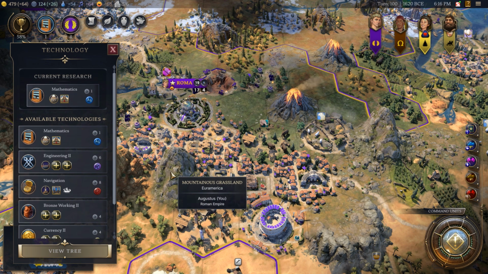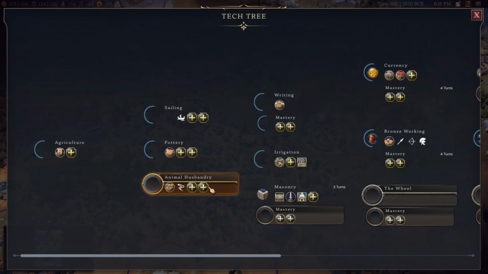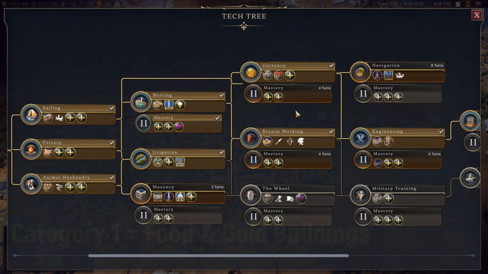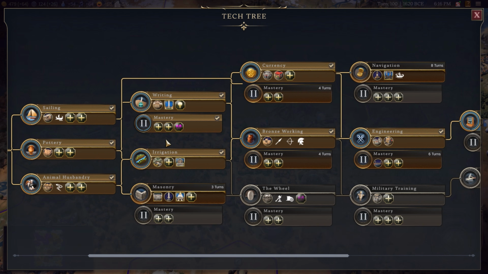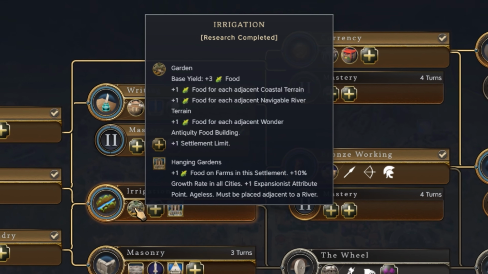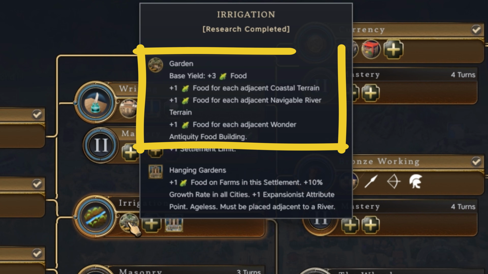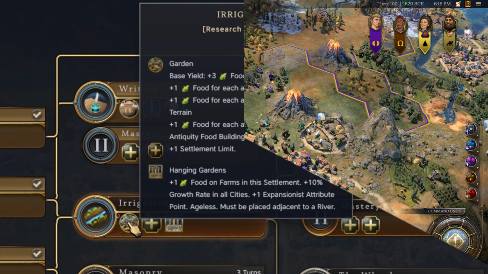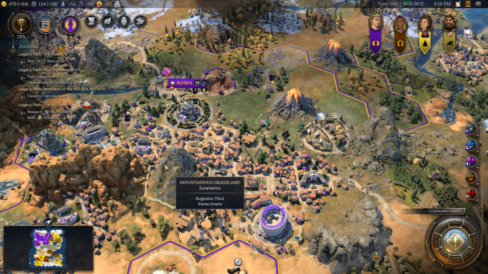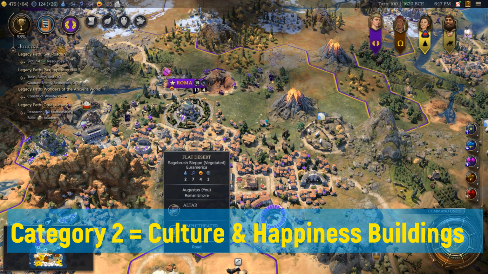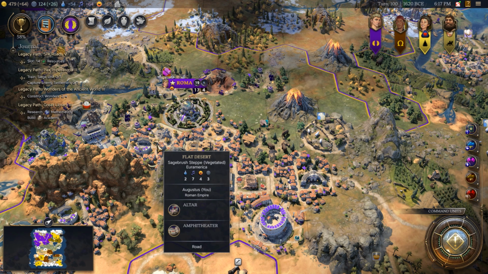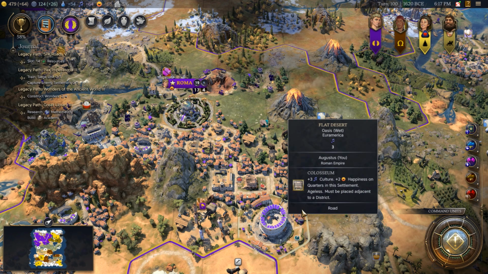You have category 1, which are for gold and food types of buildings, who benefit from a certain type of adjacency bonus. As we can see here, it can be from both navigable rivers and from coastal tiles. We then have the second category. It's about culture and happiness types of buildings. So the quarters with these buildings will benefit from being adjacent to a natural wonder or a mountain.